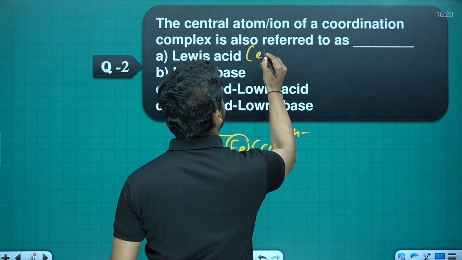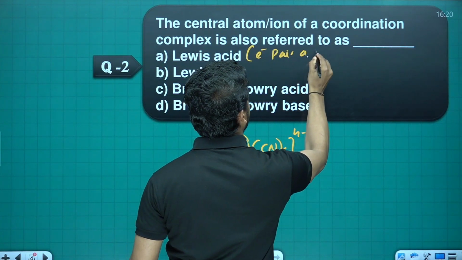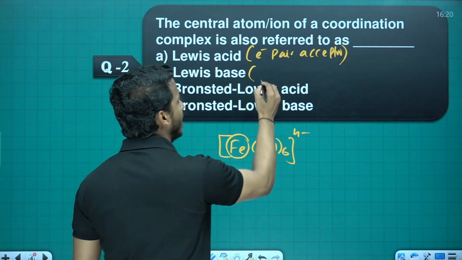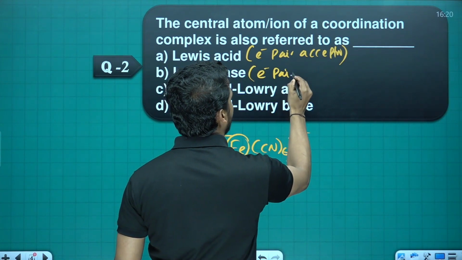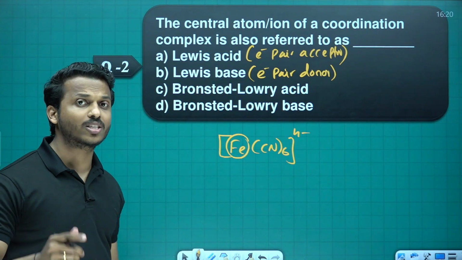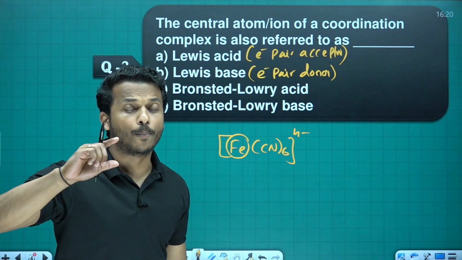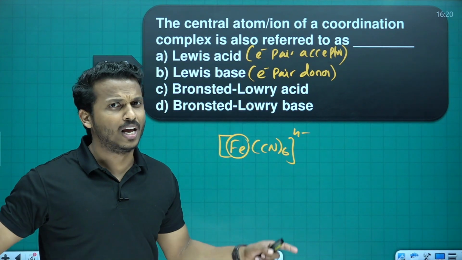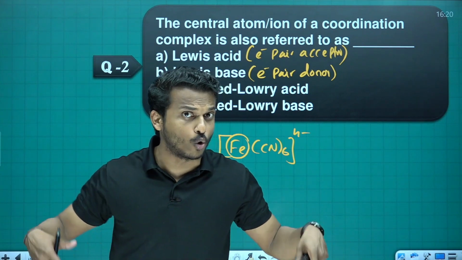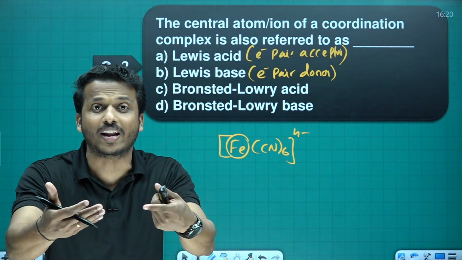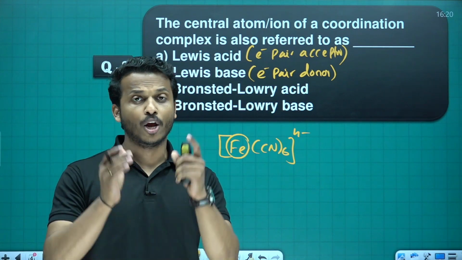Lewis acid is an electron pair acceptor. What is a Lewis base? Lewis base means electron pair donor. And what is meant by Bronsted acid and Bronsted base? Proton donors are acids, proton acceptors are bases. Here the proton concept is not in our coordination compound. There, electron pair donor and electron pair acceptor is there.